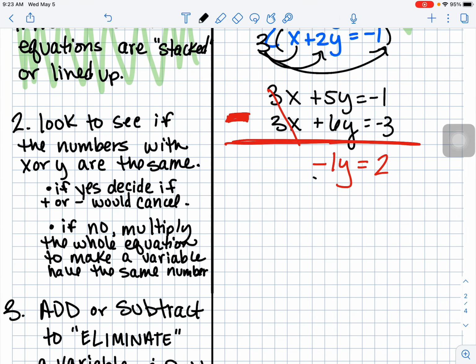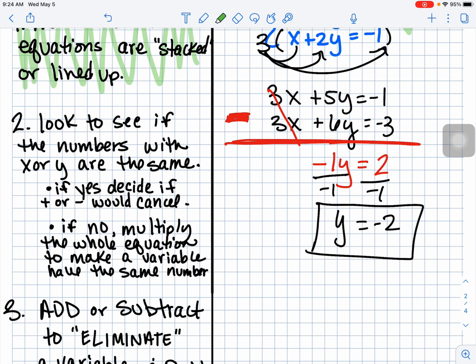Then I keep solving. I'm going to divide both sides by -1 so I can have positive y. And I get y equals -2. All right.